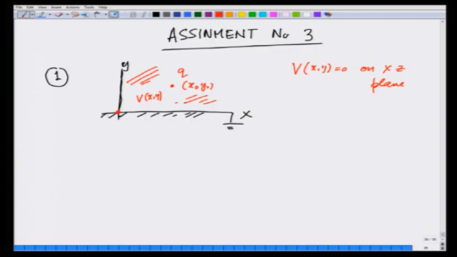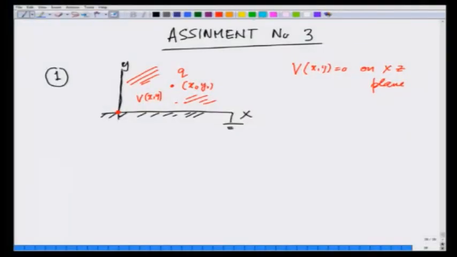So, if I want to make the potential 0 on this xz plane, then I should be putting a minus q charge. Let me make it a slightly different color. So, there is a darker minus q charge at the position x naught and minus y naught. This makes the potential 0 all over this xz plane.